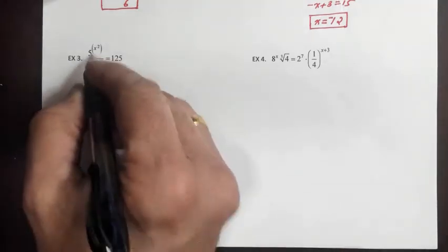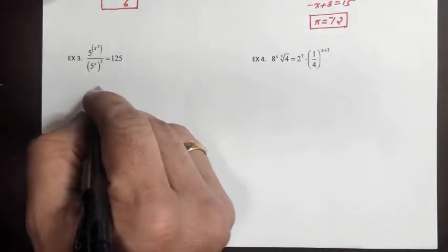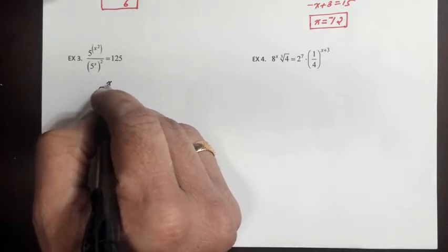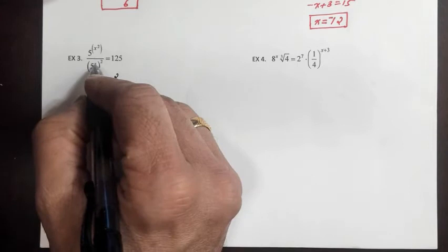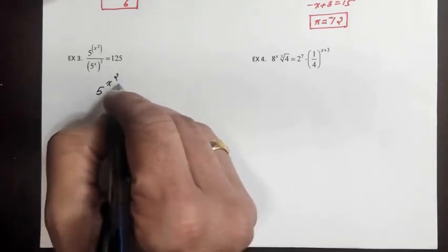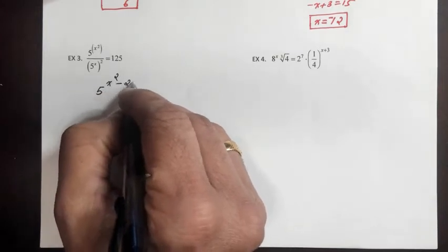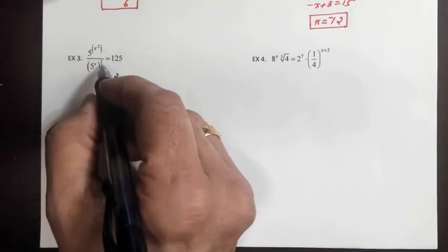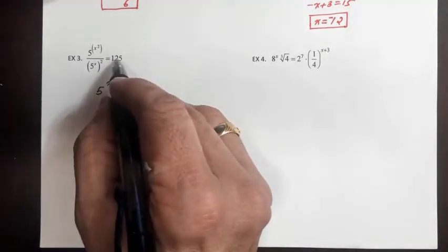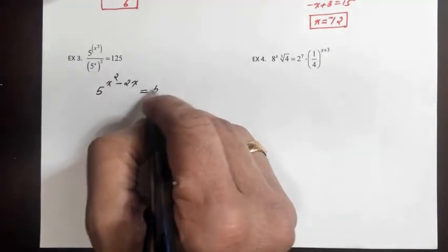Okay, so that is a 5 to the power of x squared. Then again, multiply the power of power will be 2x, so that is actually minus 2x. We are subtracting the exponents because we are dividing the bases, and that is equal to 5 cubed. 125 is 5 cubed.